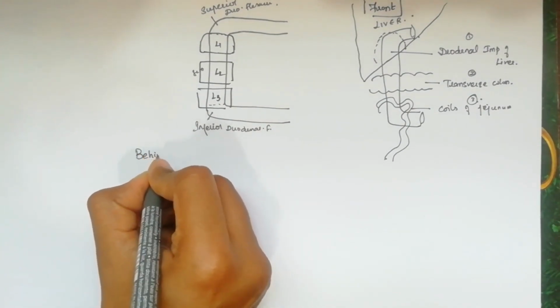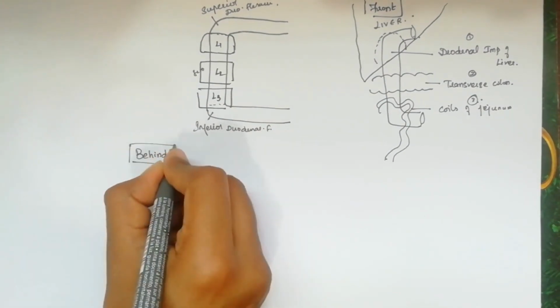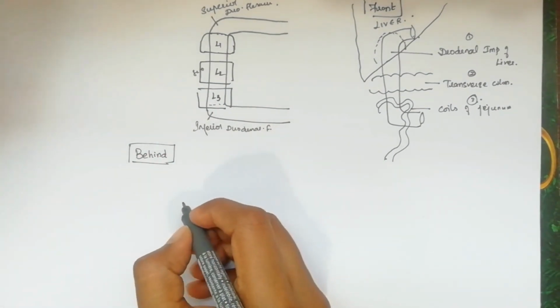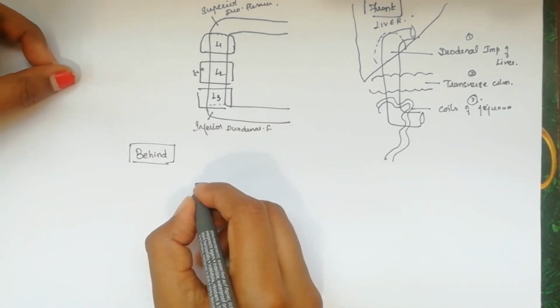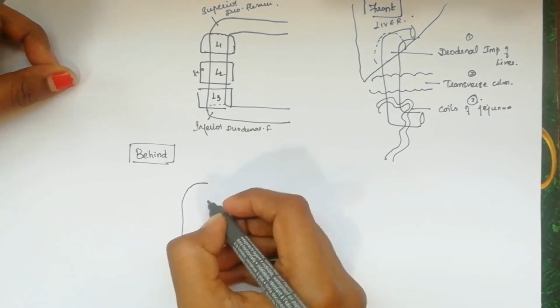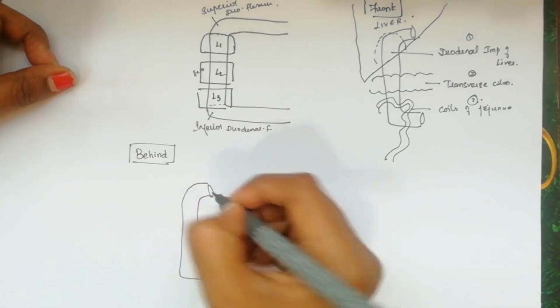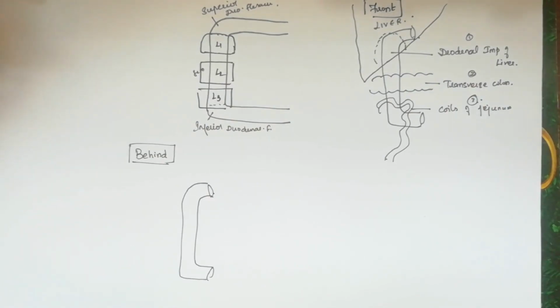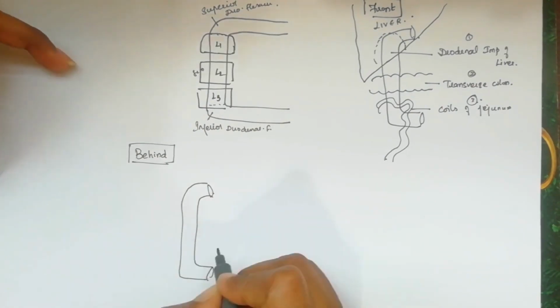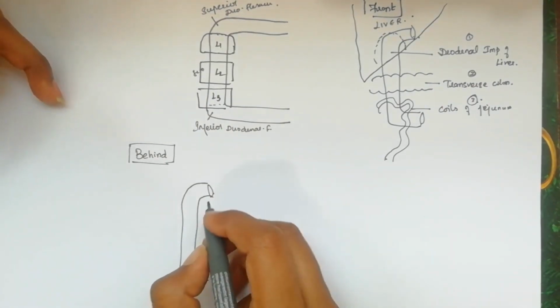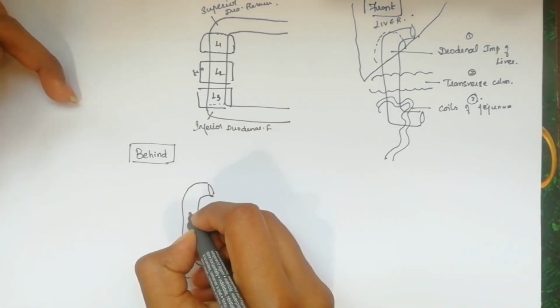So behind the second part of duodenum, we are going to see the relations. First, just behind the second part of duodenum, we have the right kidney related.